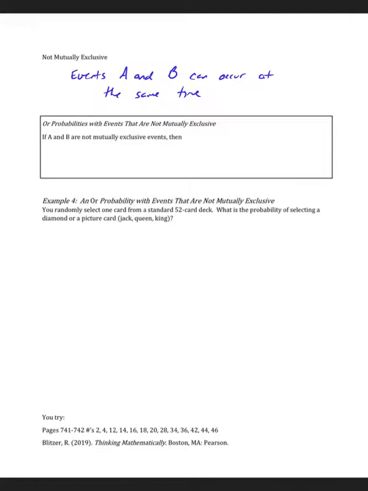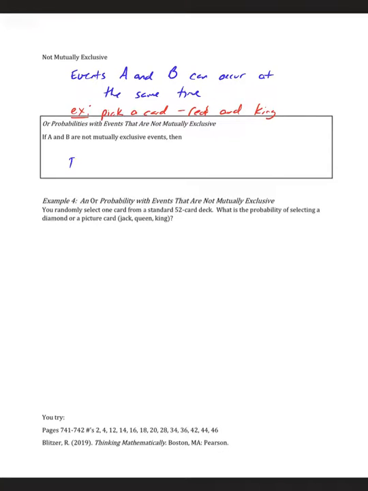So for example here, what we can say is you can choose a red card that is a king. So if you, again, going back to the deck of cards, pick a card, red, and a king. You can pick a card that's a king and a red. So it can happen at the same time. So when we need to find the probability of 2 events occurring when they are not mutually exclusive, now we want to find the probability, let's go back to the blue here.